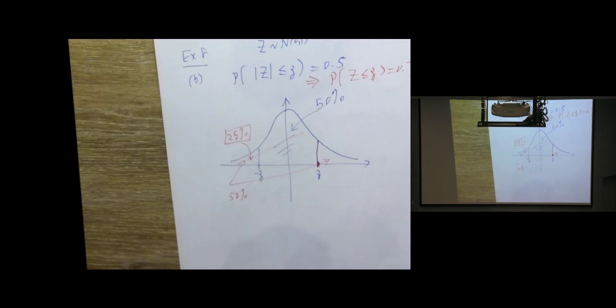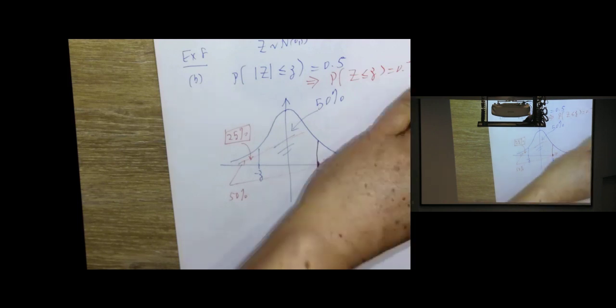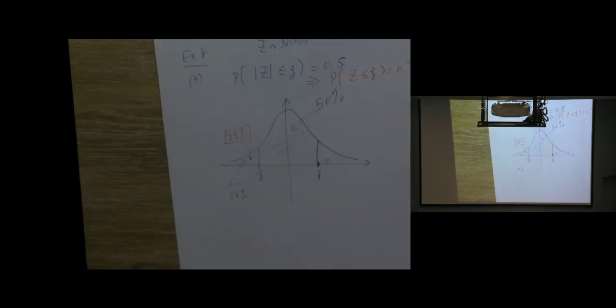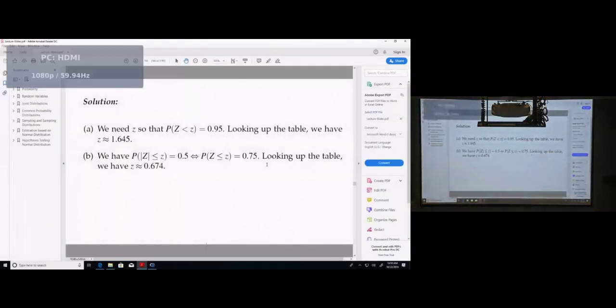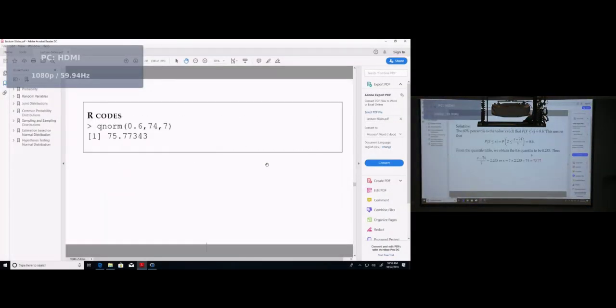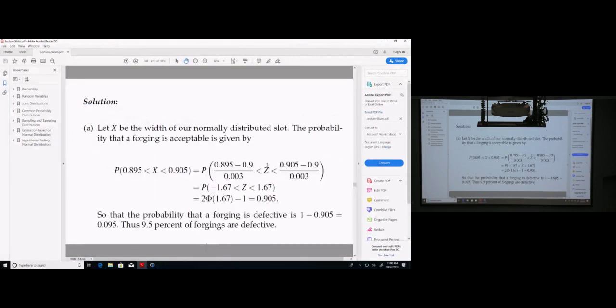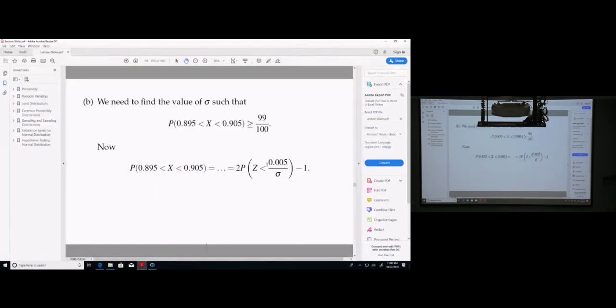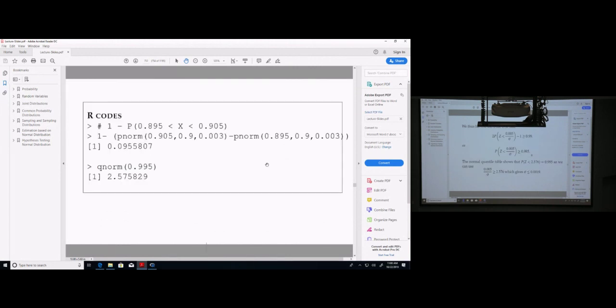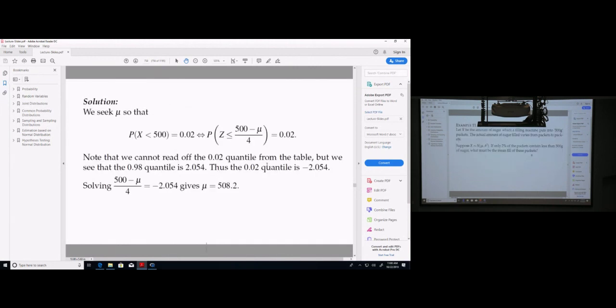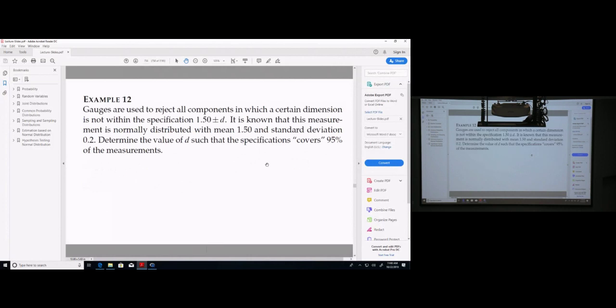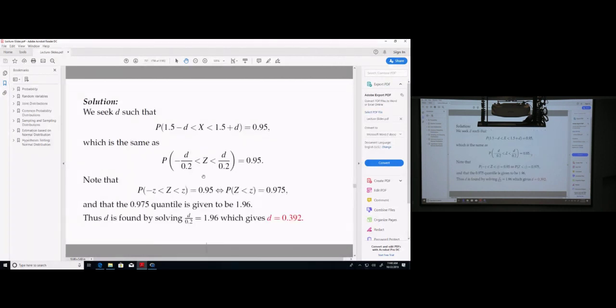A similar question pops up with the 0.95 thing. Is it example 10? Okay, so again, something similar.